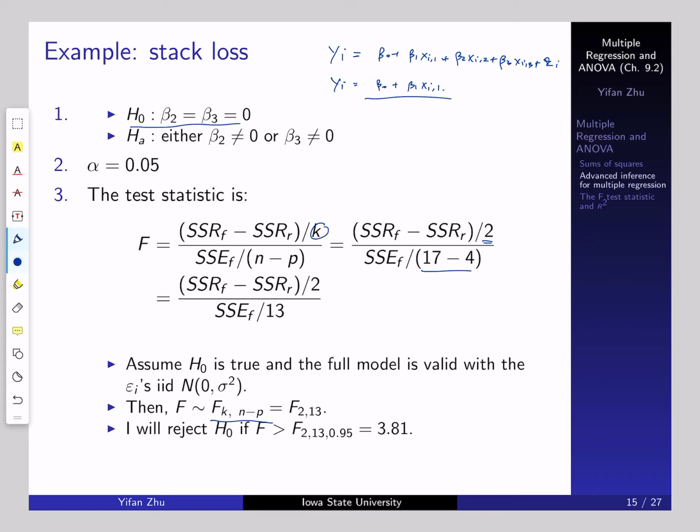So in this case, k is 2 and n minus p is 13. We will reject the null hypothesis if F is greater than F_{2,13,0.95}, at a significance level of alpha equal to 0.05. The number is 3.81.